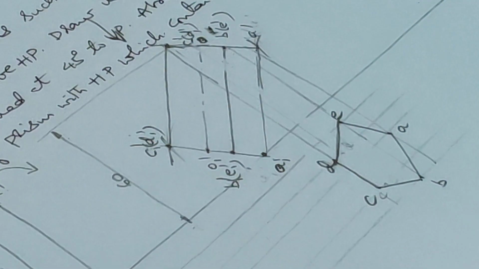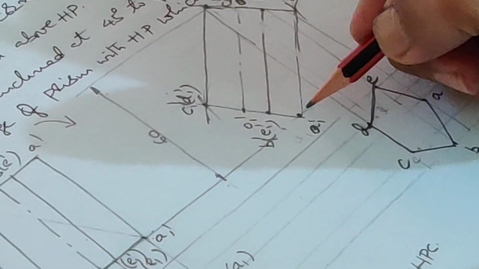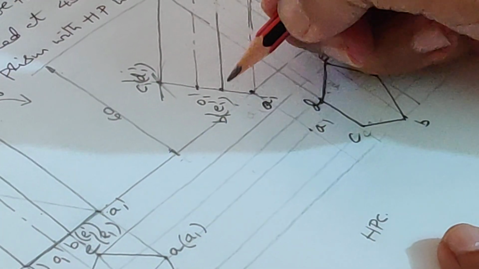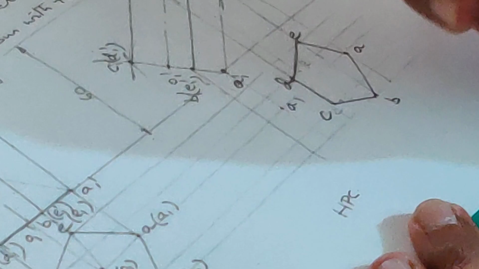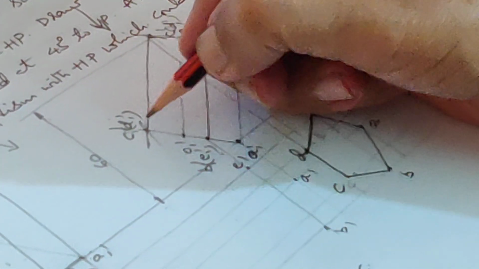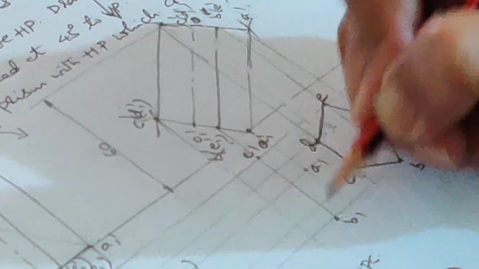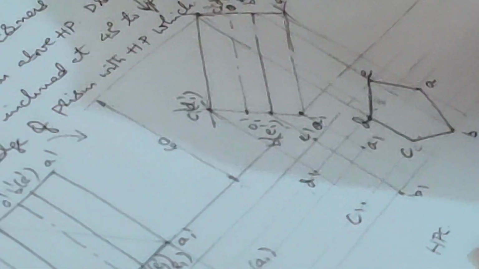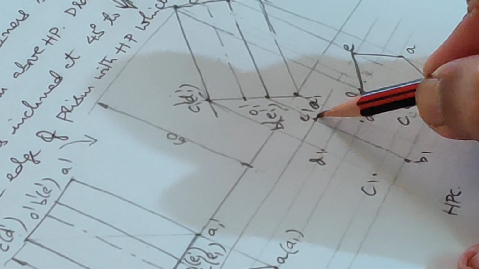Done. Now the remaining 5 points of the base, A1, B1, E1, C1, D1. Easy to identify the boundary.